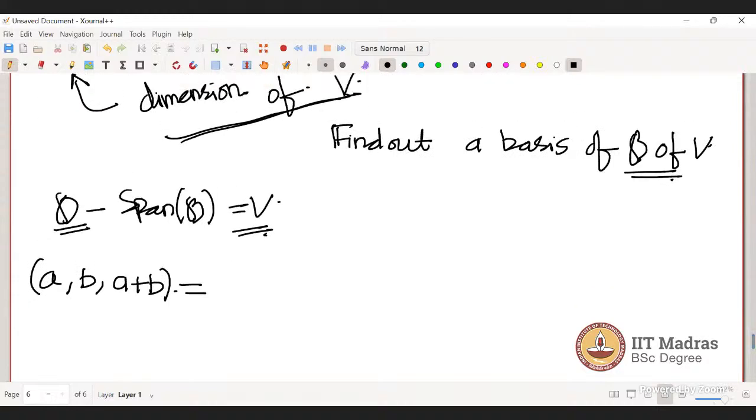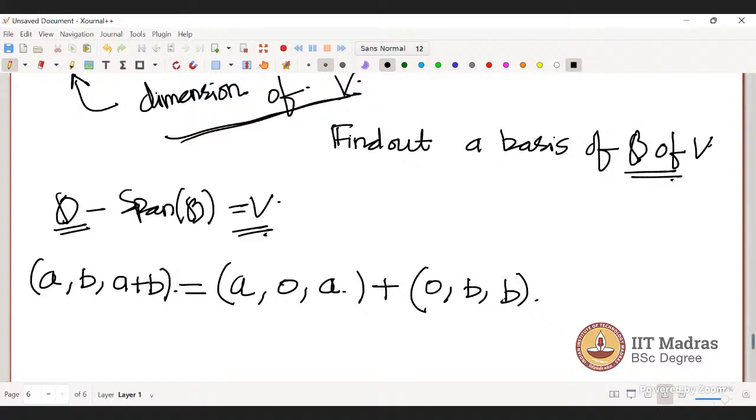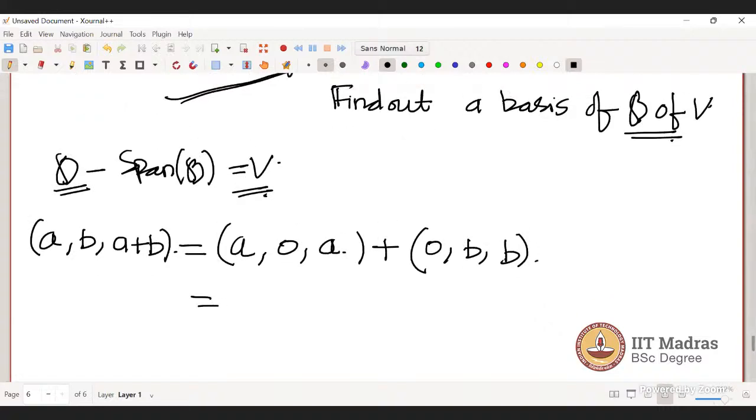First I will try to split a and b. So this is a, 0, a, and 0, b, b. So this is a times (1, 0, 1) plus b times (0, 1, 1), right?